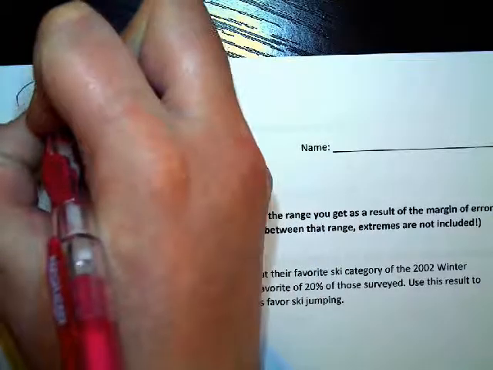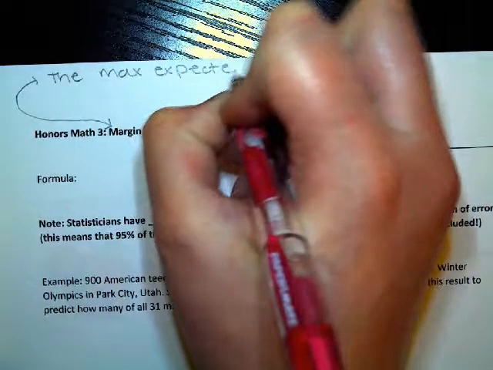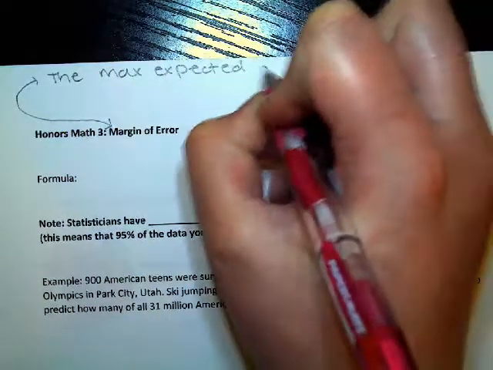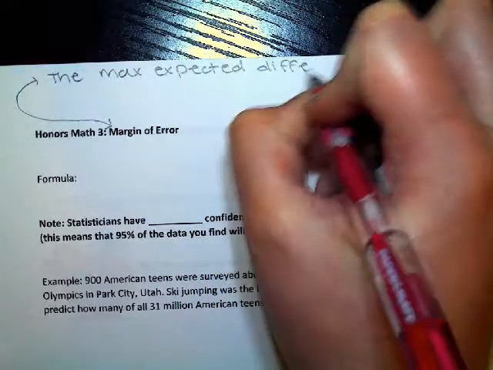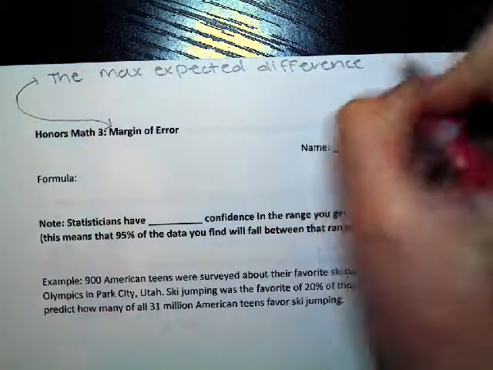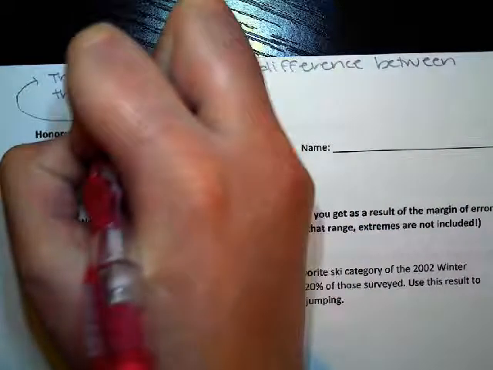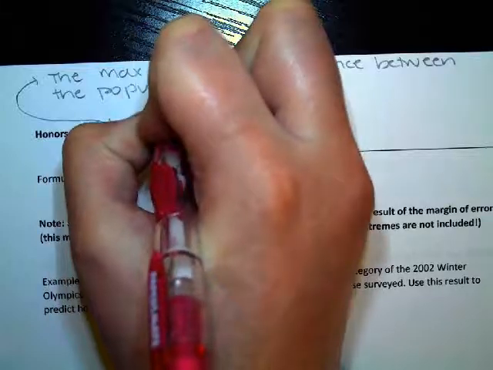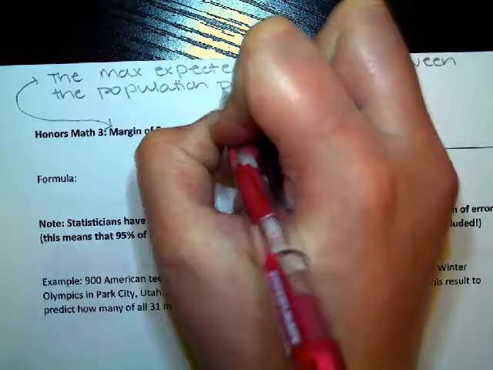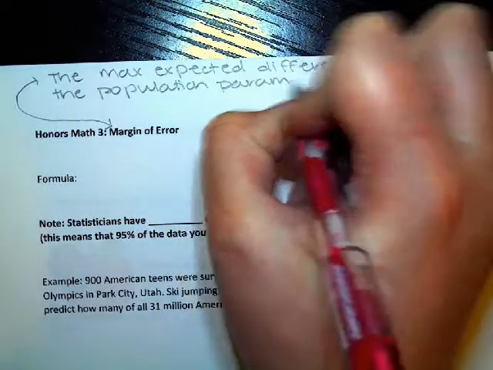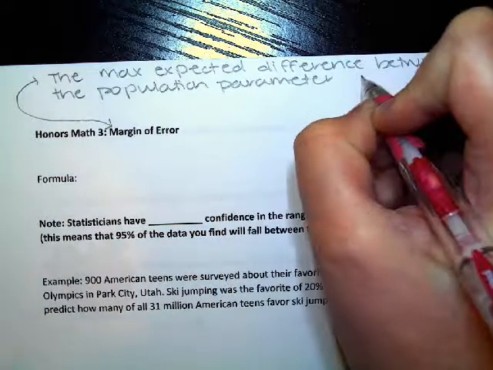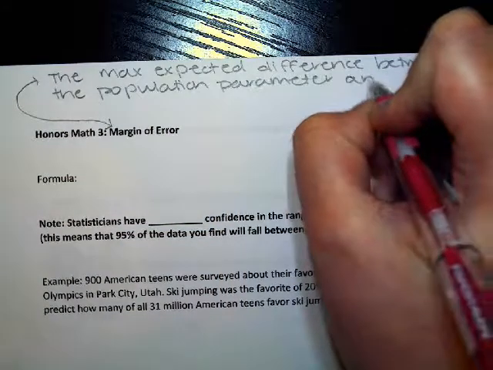the max expected difference between the population parameter and the sample estimate of that parameter.